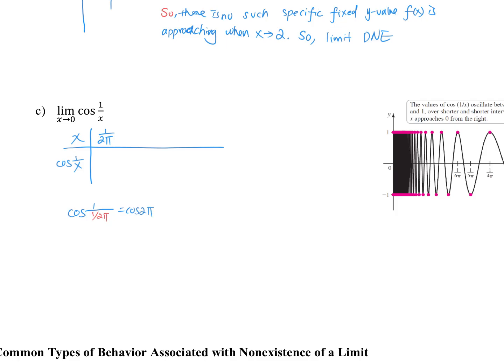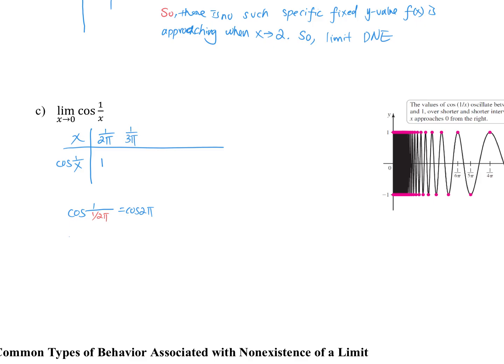Cosine of 2 pi is the same as cosine 0, which is 1. And I'm going to choose 1 over 3 pi as the next point, which is closer to 0. This 1 over 2 pi is about 1 over 6.28.